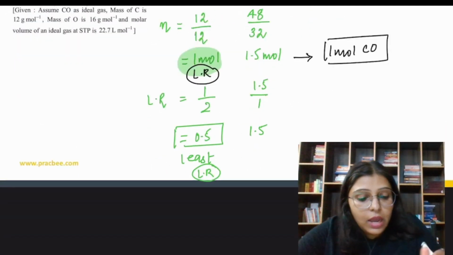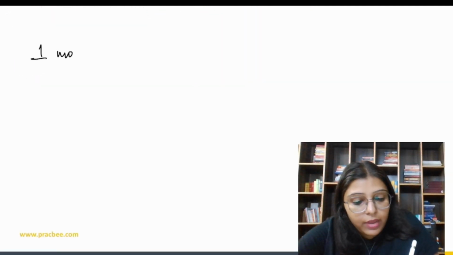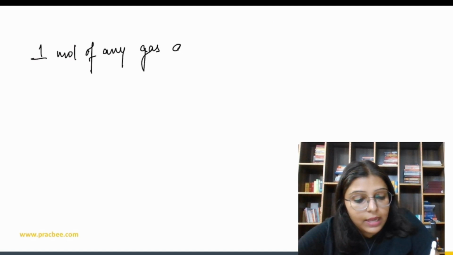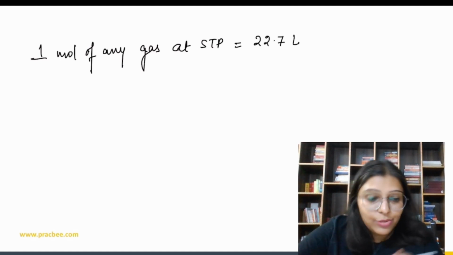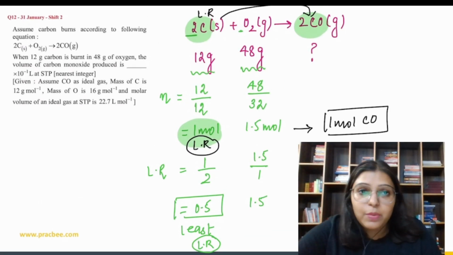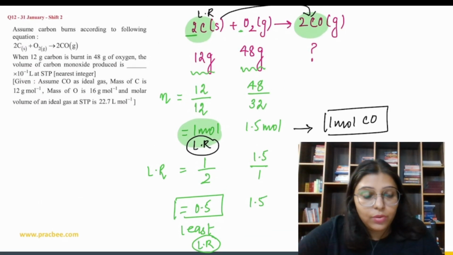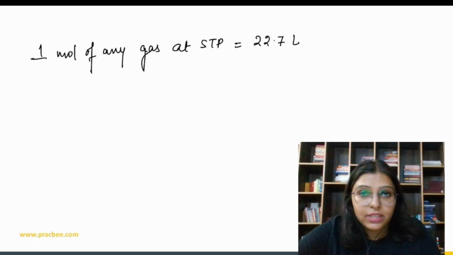Now 1 mole of any gas at STP is equal to 22.7 liters, right? So we have moles of carbon monoxide as 1 mole, so the volume is going to be 22.7.